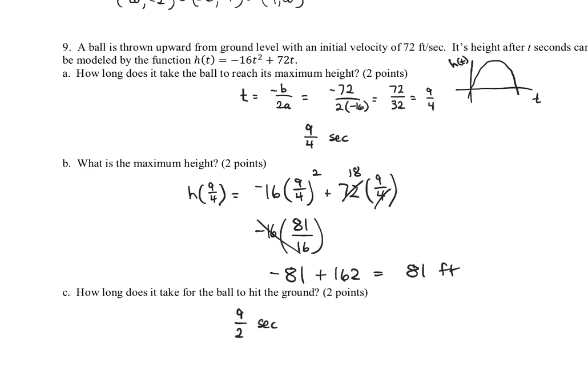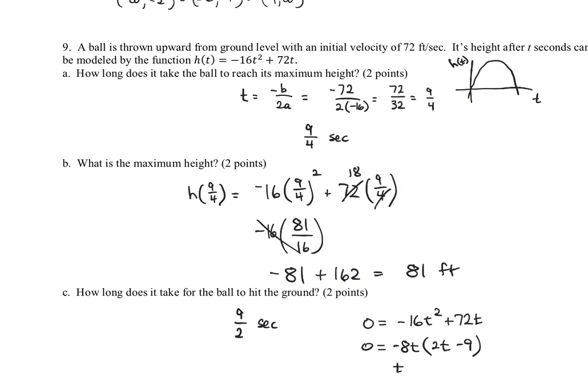The other way is to use the equation. If the height is represented by this formula, when the ball hits the ground, the height is 0. So you could replace h of t with 0 and solve the equation for t. Now, both of these have t as a common factor, and they also have 8. So I'm going to factor out a -8t, and that would leave 2t minus 9.